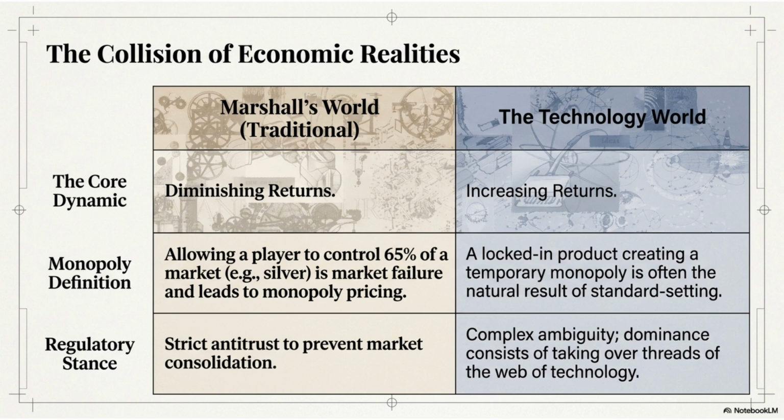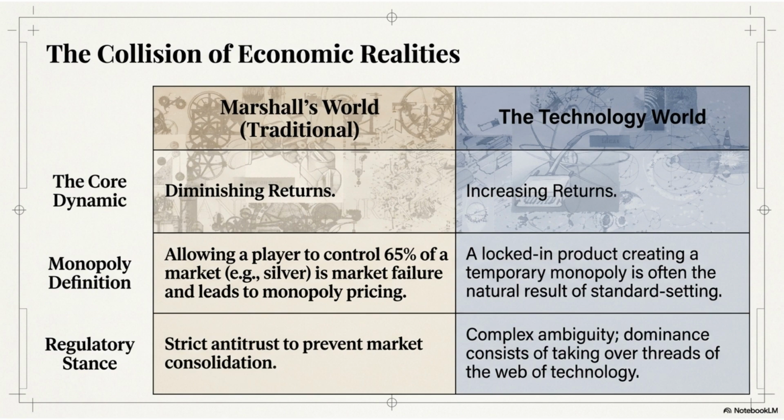Exactly. The math is undeniable. If you own that much physical silver, you have the power to just lock it in your warehouses, artificially starve the market, and jack up the prices to whatever you want. You become a monopoly, you gouge the consumer, and the government rightly steps in with an antitrust suit to break you up. It's a very straightforward equation. You count the silver, you find the monopoly. Right, it's tangible. You can audit a warehouse full of silver bars.